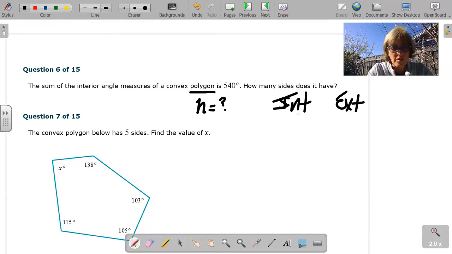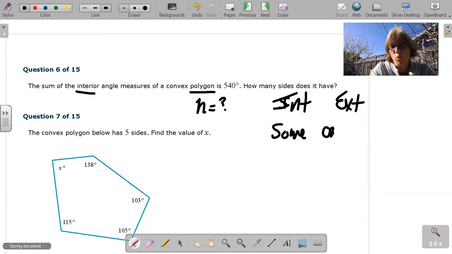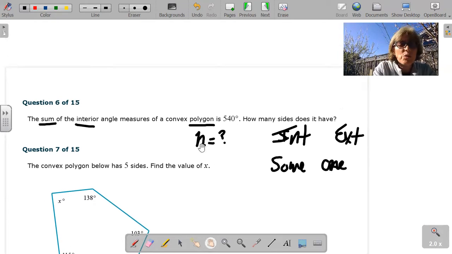That's your first question. And it's interior. And then your second question, is it a sum or a 1? And it is a sum. So the sum of interior angles is sides minus 2 times 180.